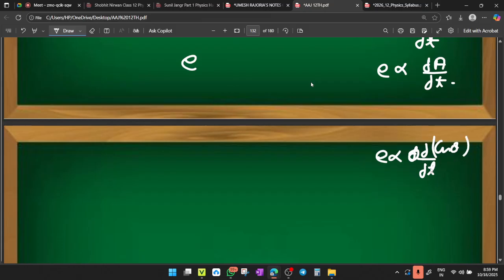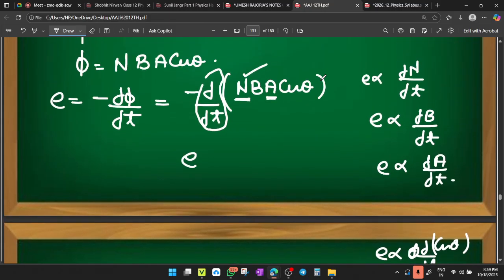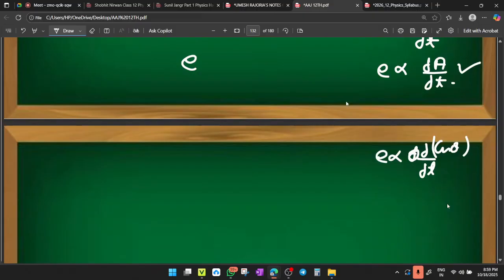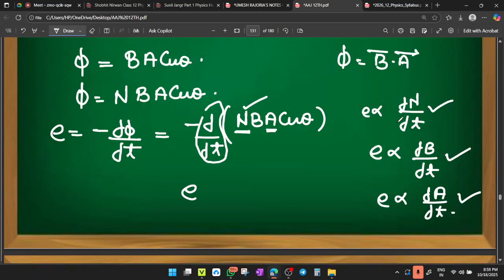So in four ways you can develop your EMF, right? First by varying the number of turns, second by varying the magnetic field, third by varying the area of the coil, and fourth by varying the angle.